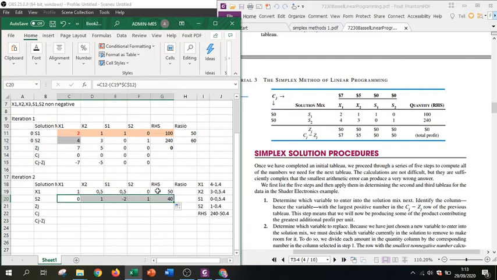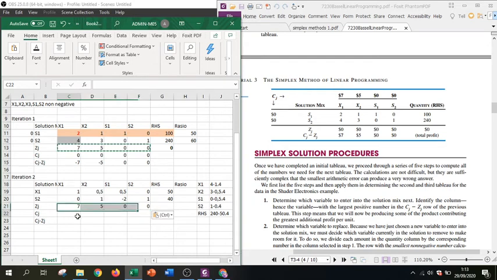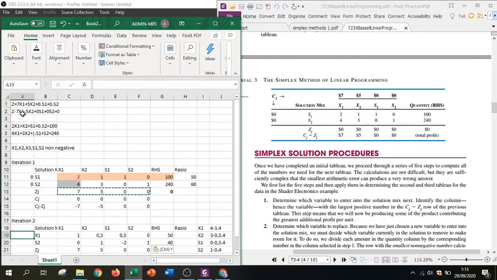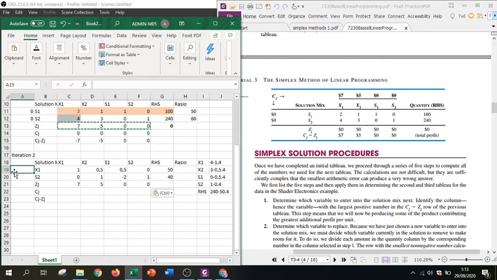Okay, so we have this value, and then this is the same. And we can find the coefficient x1 is 7, and then still 0.